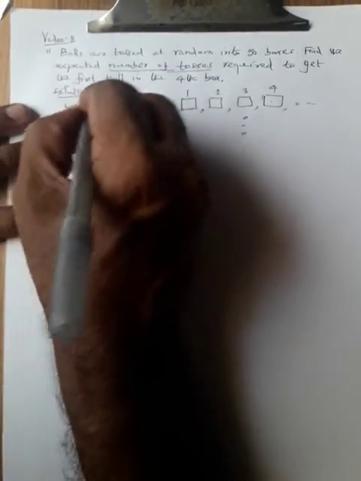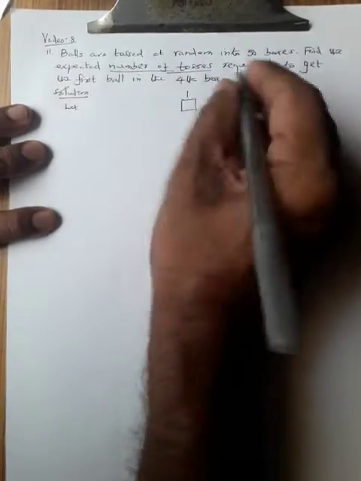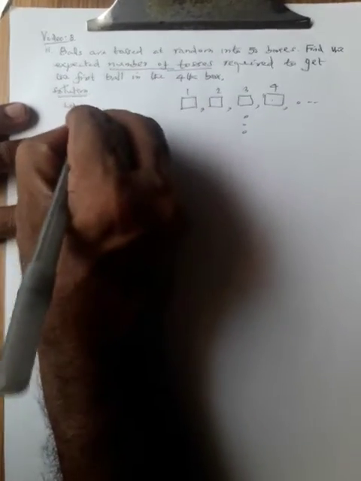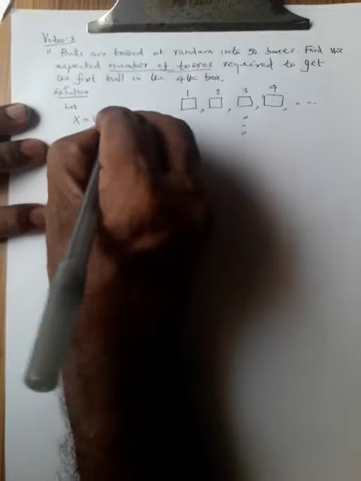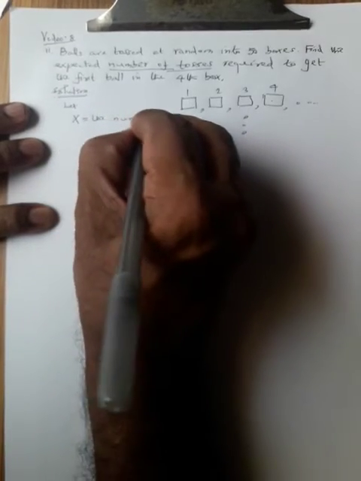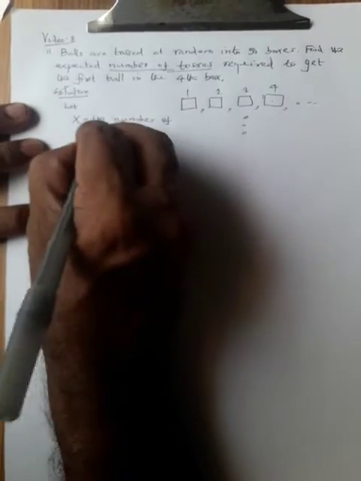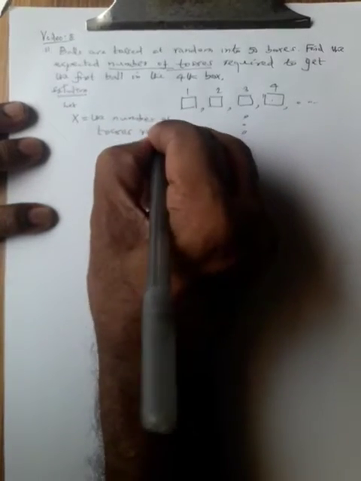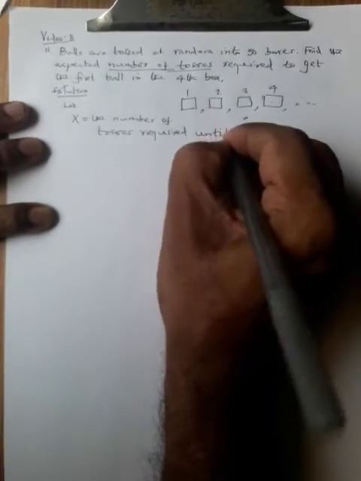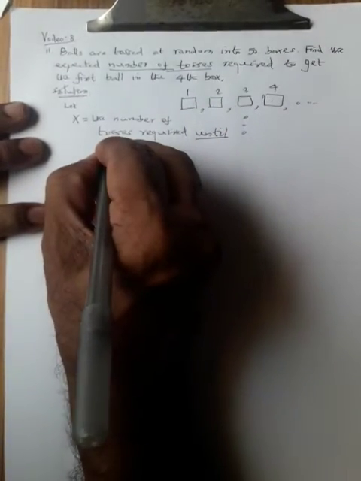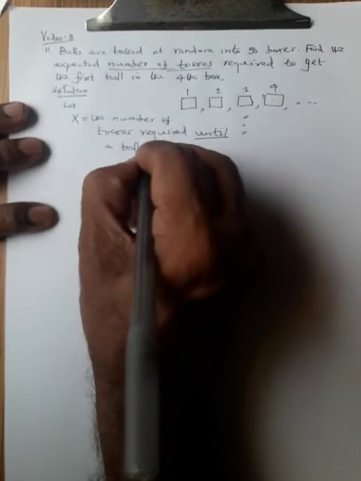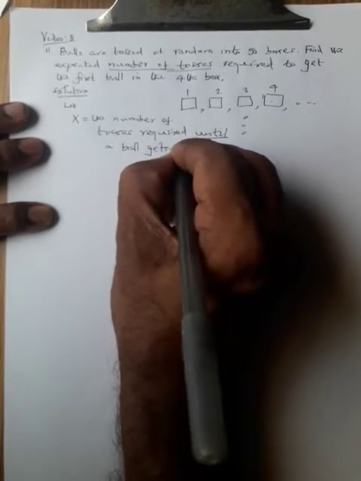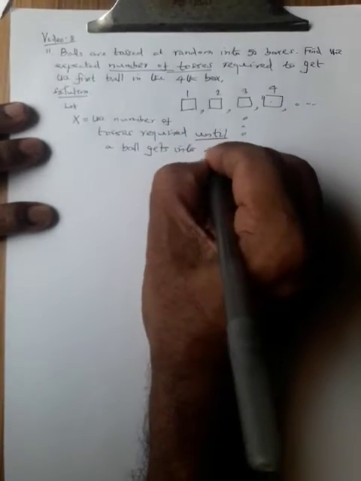So what is our X? Expectation of X. Let X be the number of tosses required until a ball gets into the fourth box.